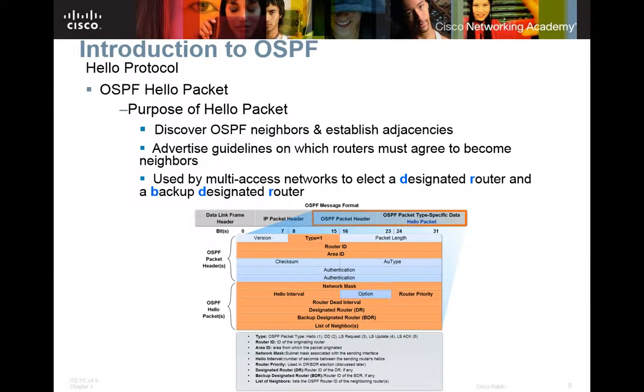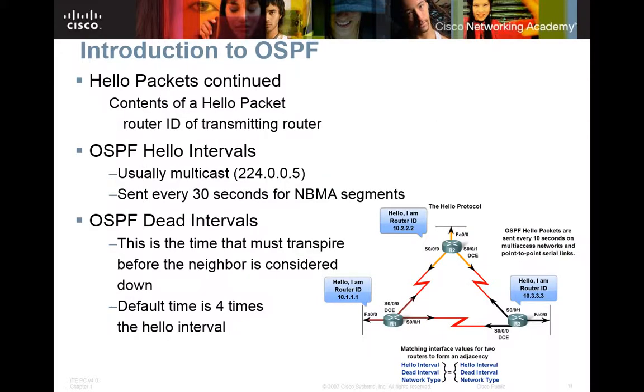What happens? Well, we send out the hello packet just like we talked about a few minutes ago, and it comes back and tells us all this information about it, but we also pass information. We also say which one is my designated router, my backup designated router, and here's the list of all my neighbors. What's the difference between a designated router and a backup router?